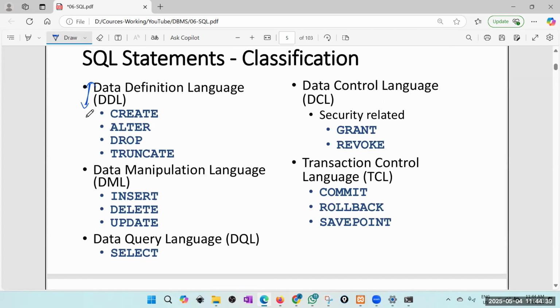So that means you define your structures like tables, relationships. That includes create statement, alter statements, drop and truncate. Those are to create a table, alter the structure of a table like add another column, drop a table, drop a column, drop a primary key, truncate all your data.